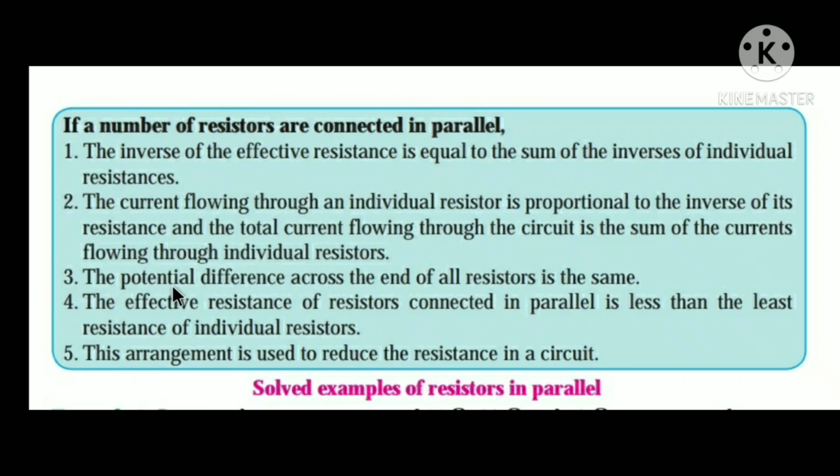The potential difference across all resistors is the same. The effective resistance of resistors connected in parallel is less than the least resistance of individual resistors. This arrangement is used to reduce the resistance in a circuit.